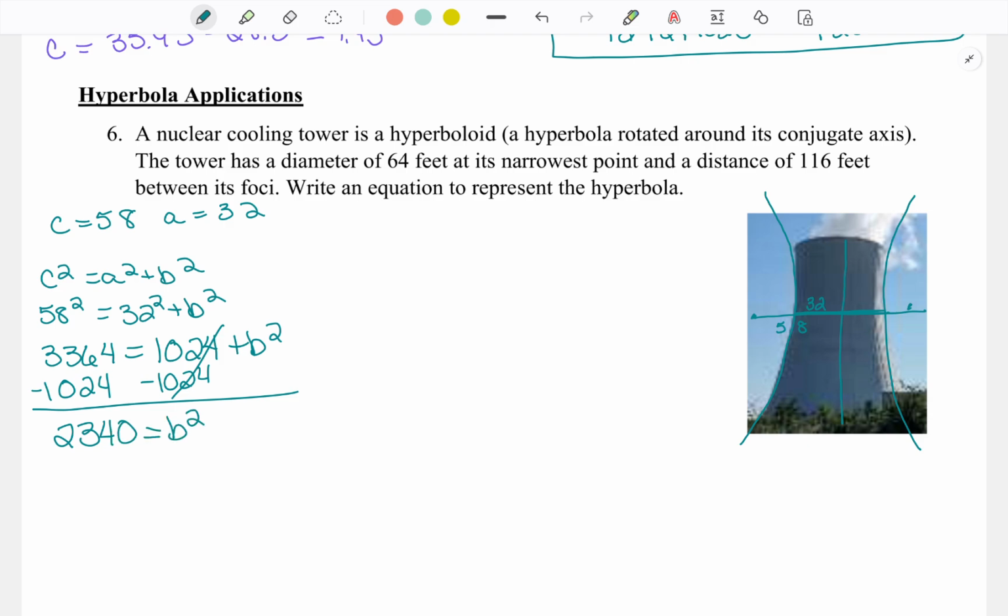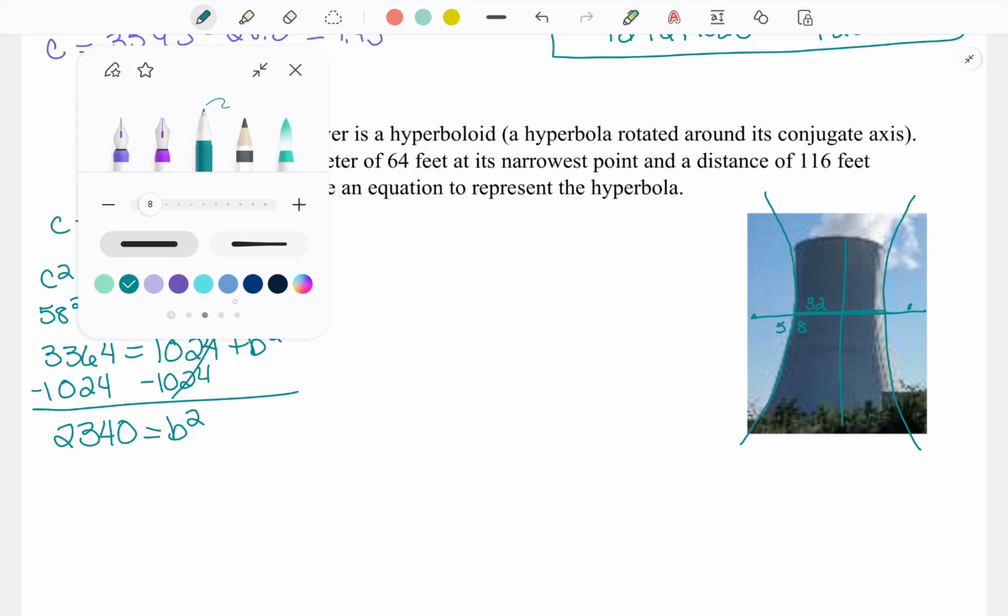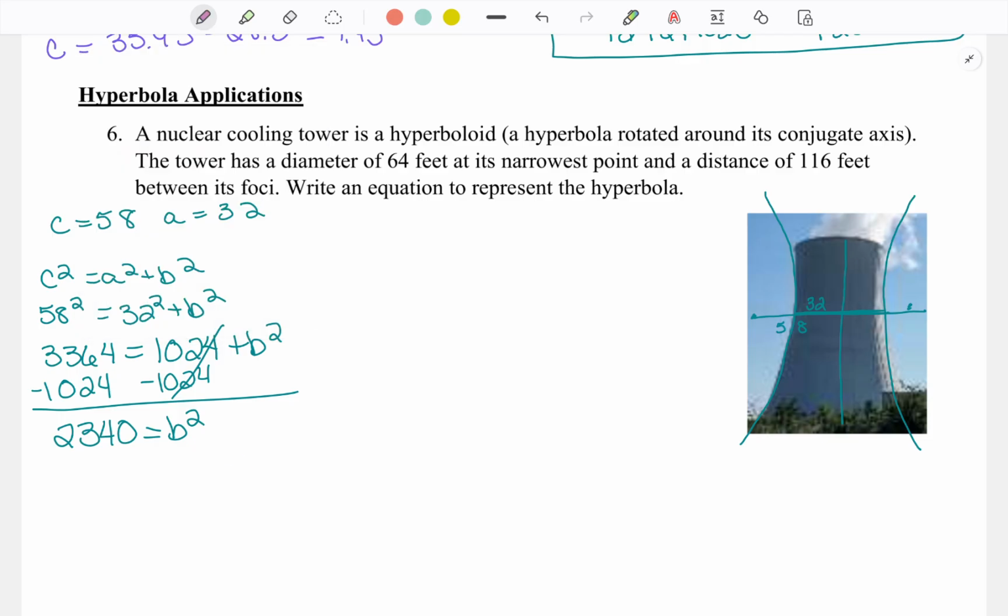And I'm actually not going to go any further than that because we're writing the equation for this, so we actually need that b squared value. So we are going to have x squared over, and then our a squared was actually 1024 minus y squared, which is b squared, which is 2340 equals 1.